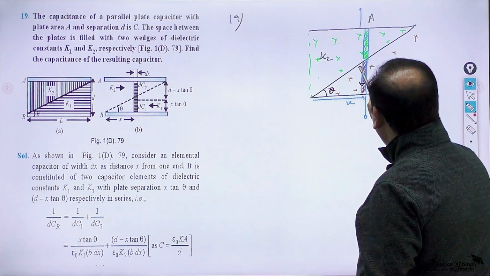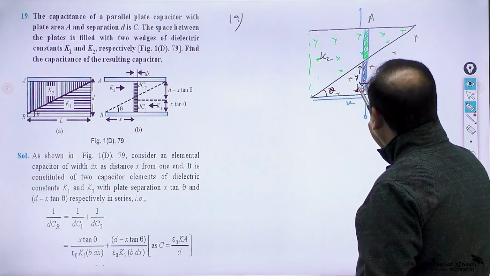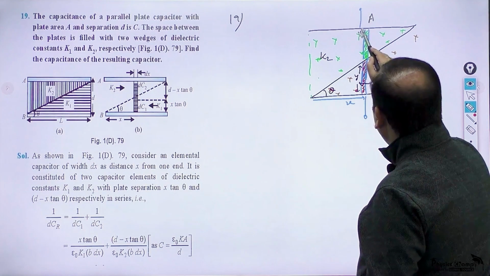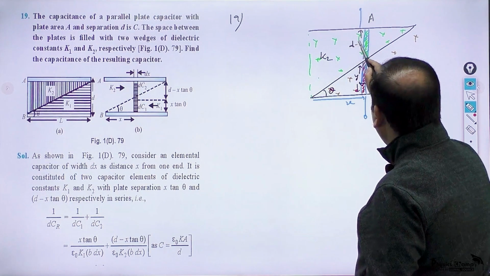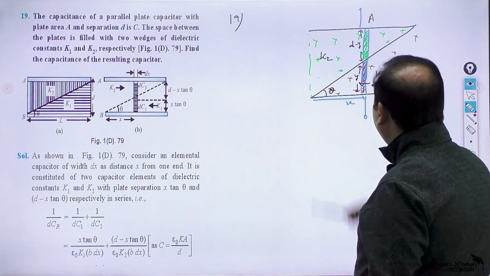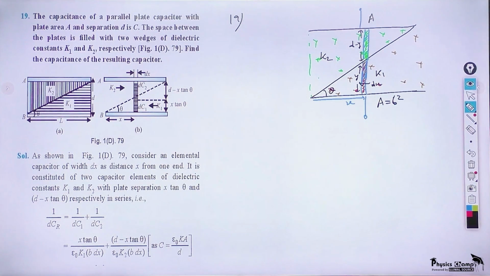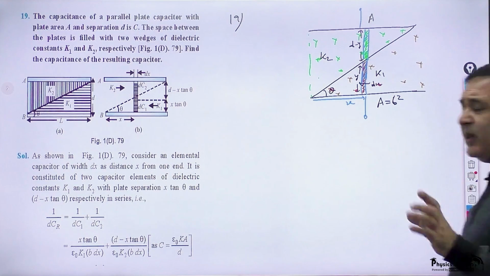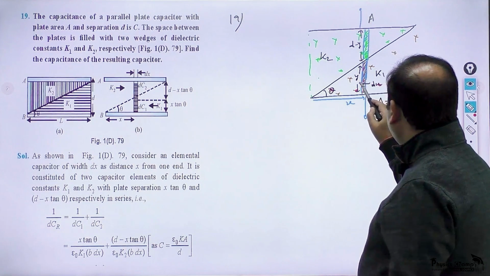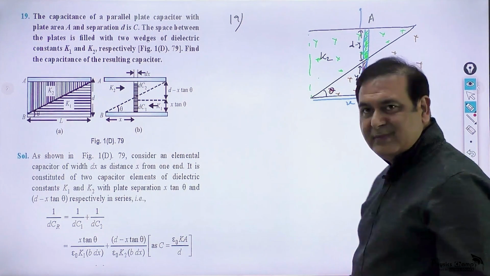Let me take this as y. So if this is y, this will be D minus y. So in this arrangement, I am taking a small width dx.